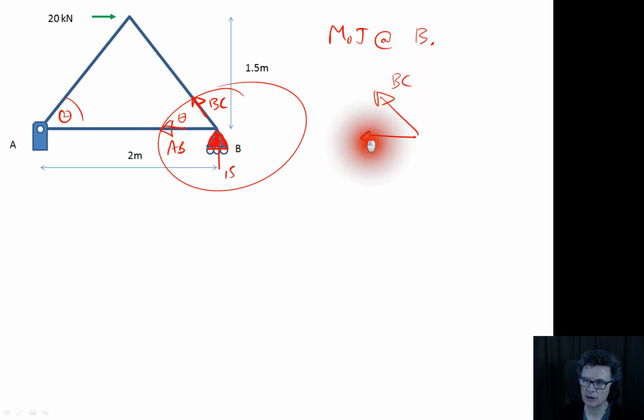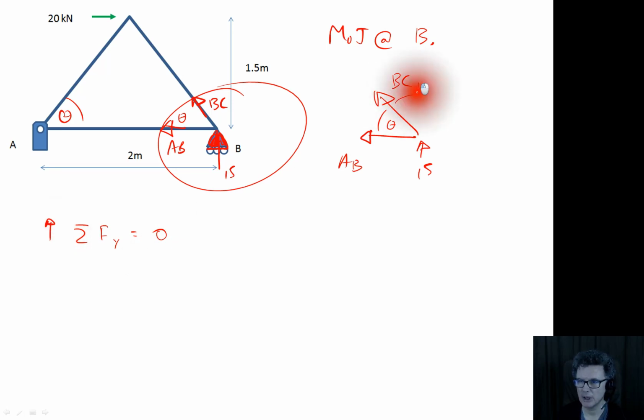So you really want to draw a new diagram. BC, AB, put that angle in there, theta, 15 is coming upwards. Since we've already worked out AB, we're only looking for BC. What's the logical thing to do? Well, resolve forces in the y direction to find it.